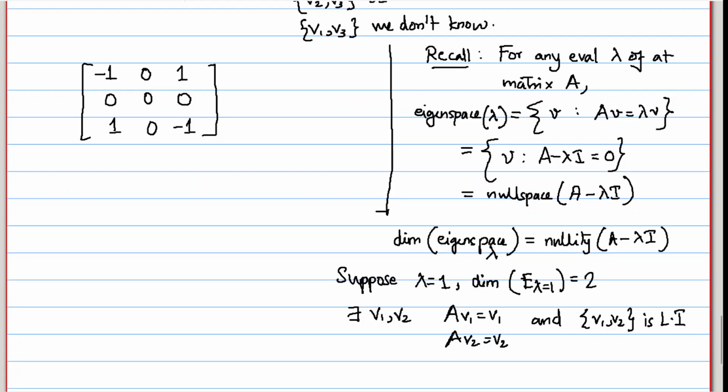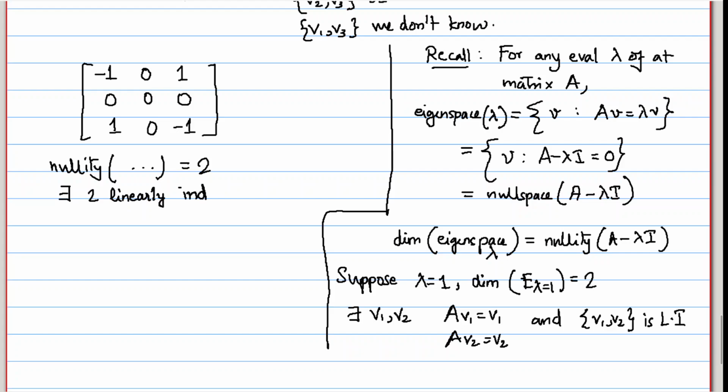Rohit bhai, so what is the nullity of this matrix? It will be 2. What does that mean? That means there exist two linearly independent eigenvectors corresponding to lambda equal to 1.